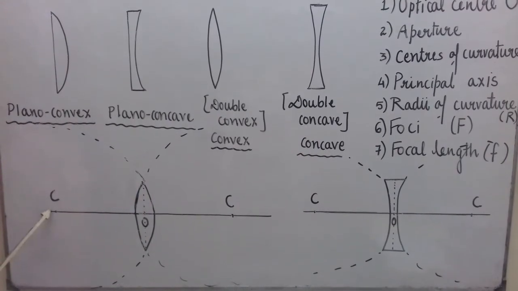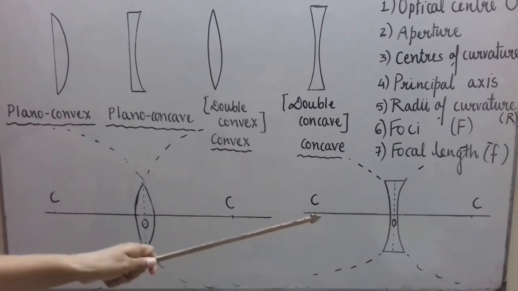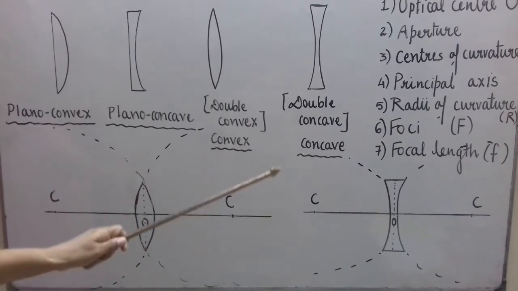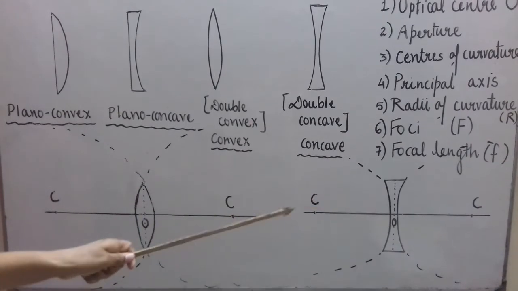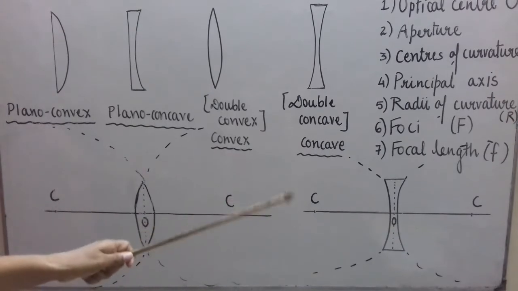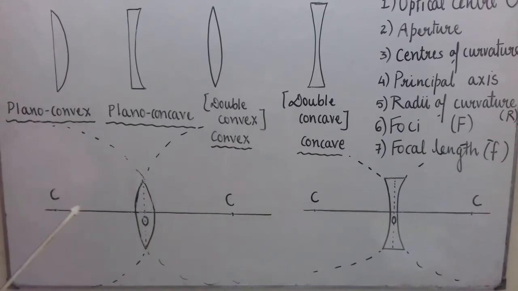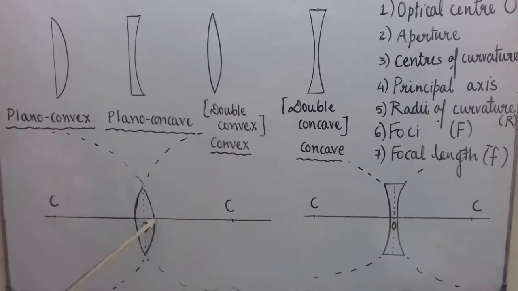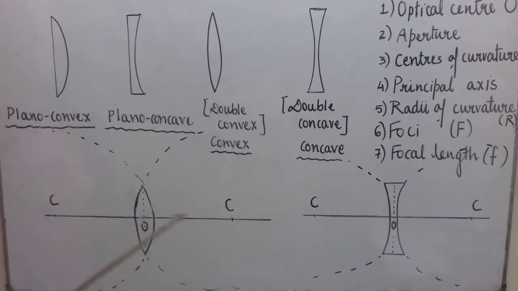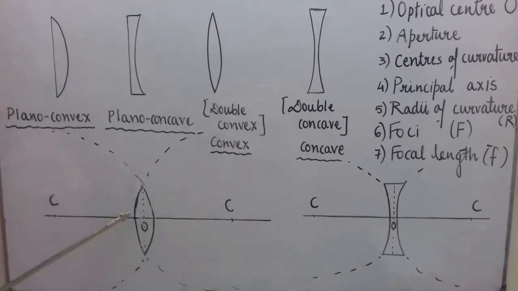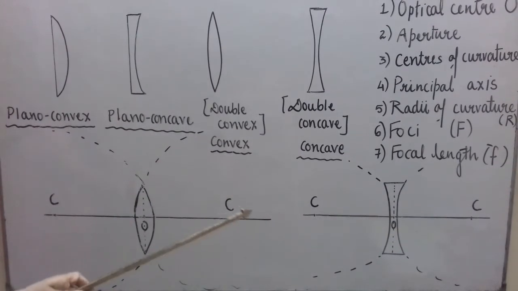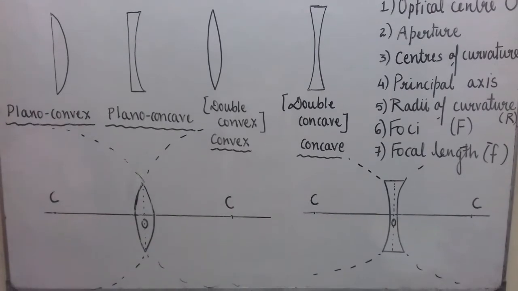Similarly there, both the spheres of which the two surfaces form a part have a radius, and so the radii of those two spheres are called radii of curvature of the lens. But remember that since we are considering both radii to be equal, actually this radius is from C to this edge, and this radius is from C to this point, not O. Similarly there, we can have the radius of curvature on both sides.